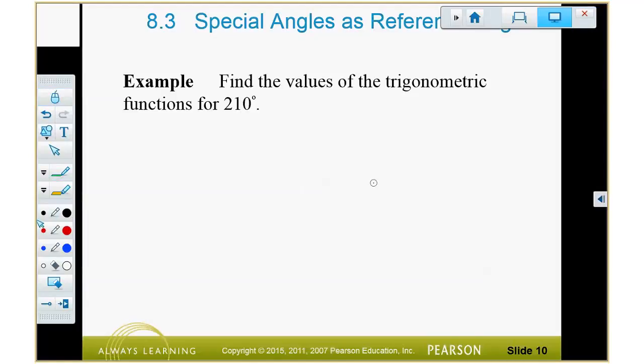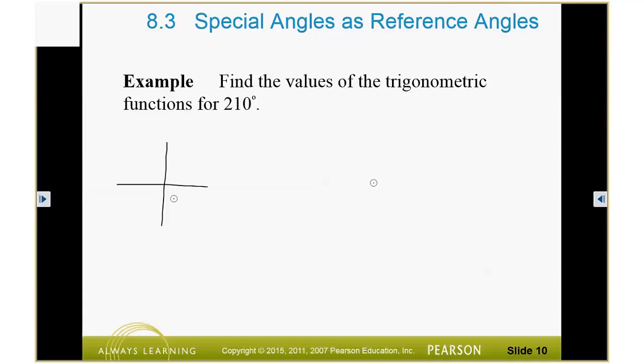All right, so 210 degrees is over in here. So that means we need this acute angle right here. So it's going to be 180 from what? 210 degrees minus 180 is equal to 30. So this is a 30-degree angle. That means we're going to have a negative and a negative. So that means all students take calculus. So the tangent and the cotangent are what? They don't give us any numbers, do they?